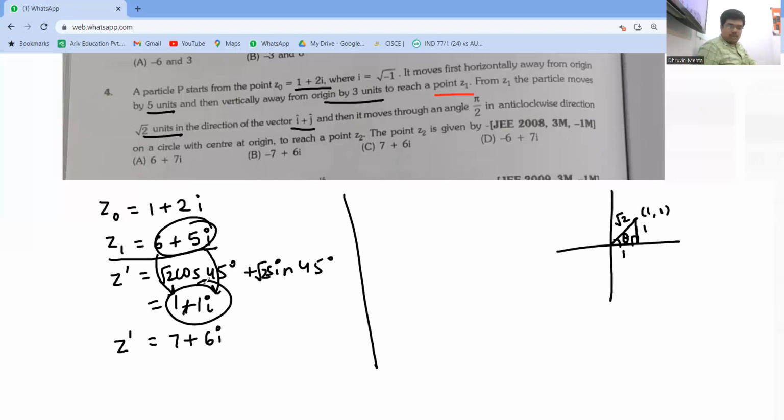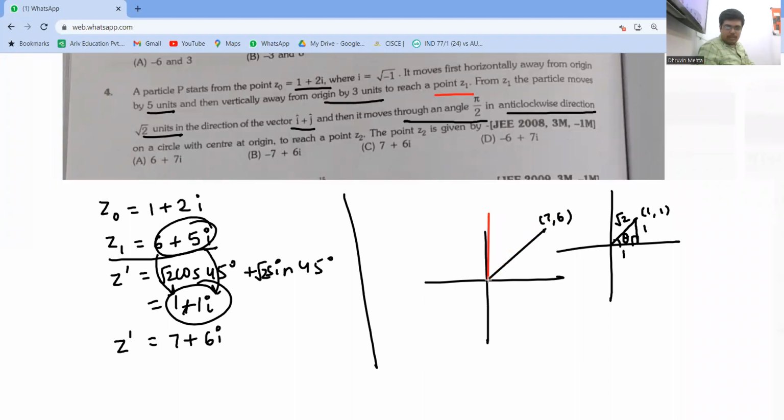Achha, next, now this point z dash, it is further moved by an angle pi by 2 in anti-clockwise direction. So see, this is the scene now. 7,6 yahan pe kahin pe hoga. Theek hai, to isko hum, ye jo hai 7,6, we are now rotating this in anti-clockwise direction.